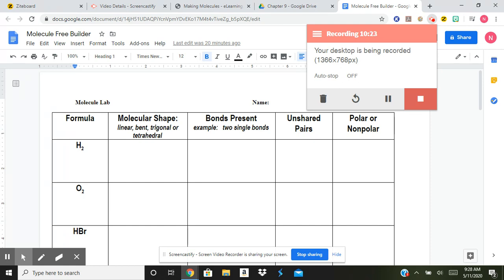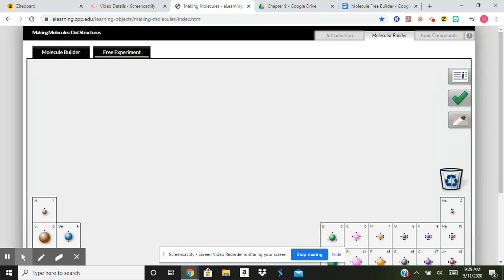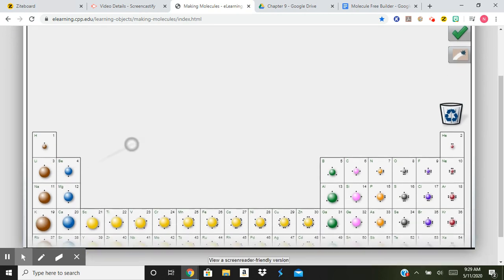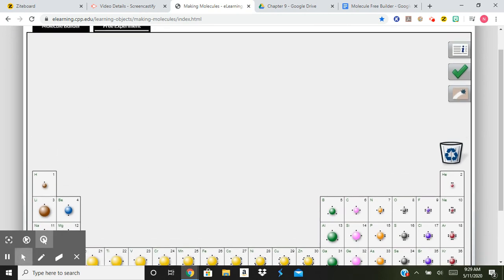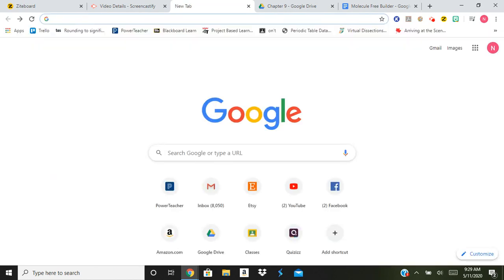So the first one that you have to fill out is H2. And what you're going to do is you're going to go to the Making Molecules site, and this lets you kind of free build. So it's H2, so you would grab 2 H's. I don't know why it's not doing that. All right, hold on. I ran into this problem.